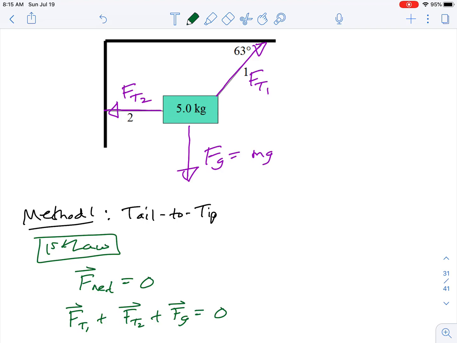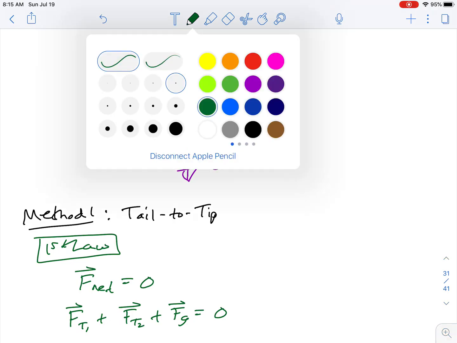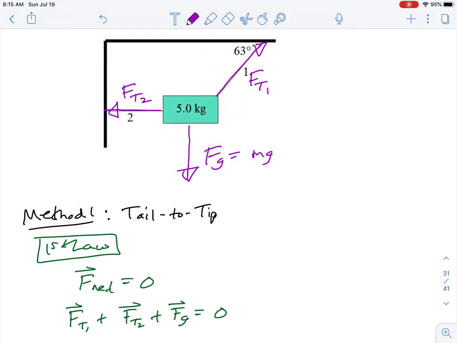I encourage you to pause and try to draw the tail diagram for this. All right, well, here we go. We start with Ft1. To the tip of that, we add Ft2.